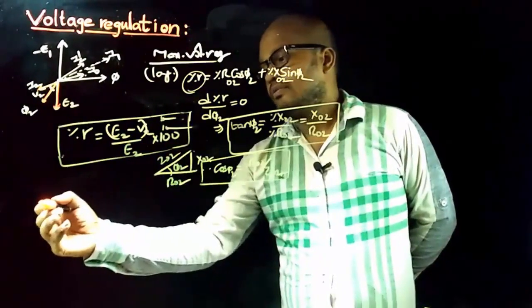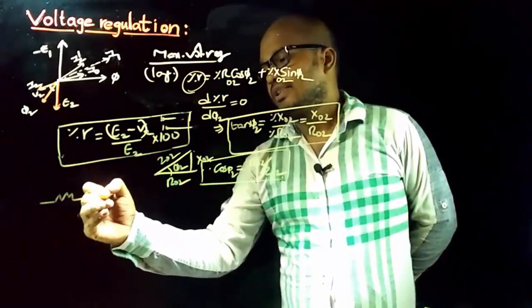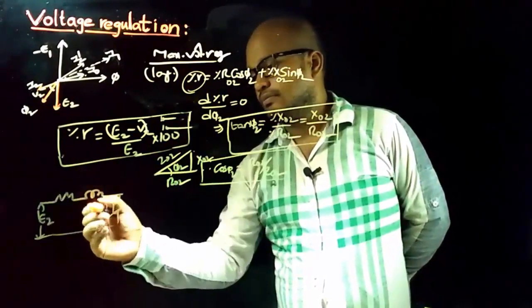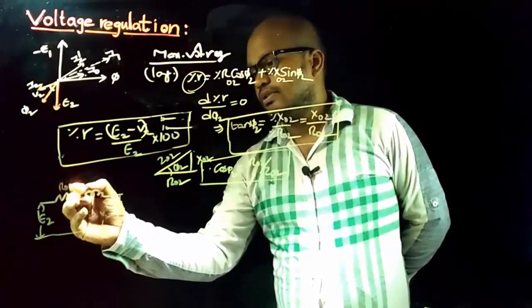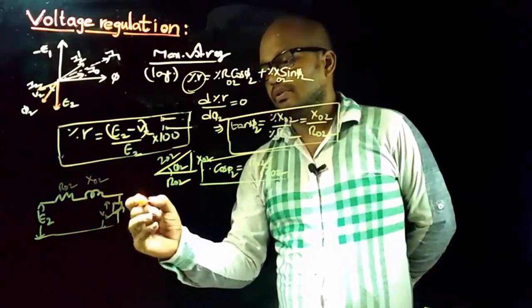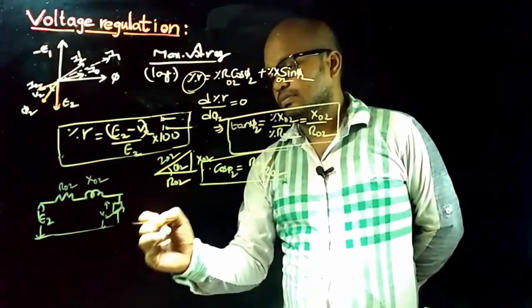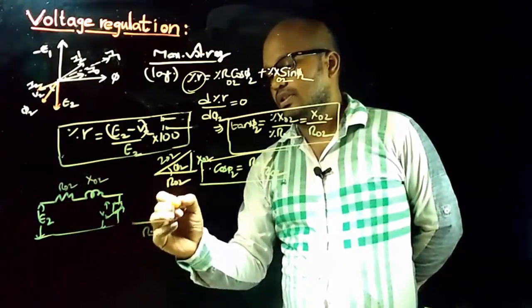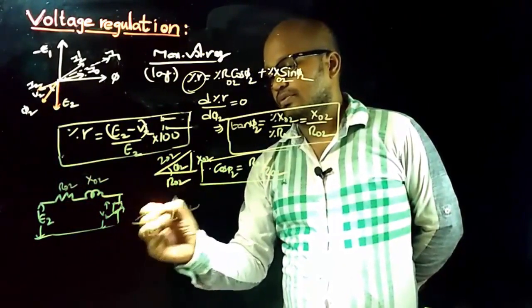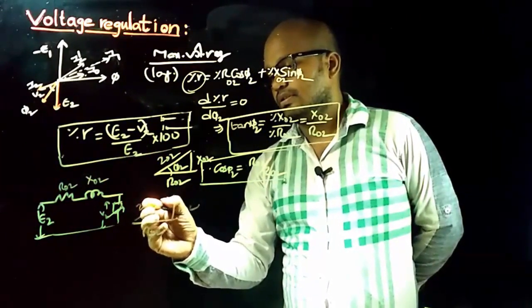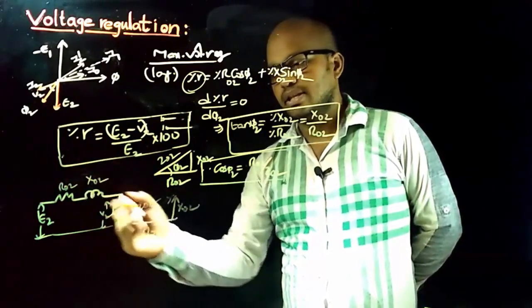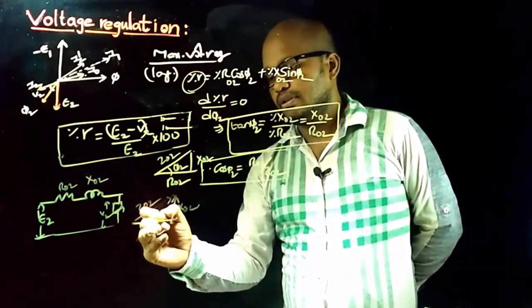Now from the impedance of transformer, this is R02 and X02, the resultant is Z02, and the impedance angle is represented with theta 2.